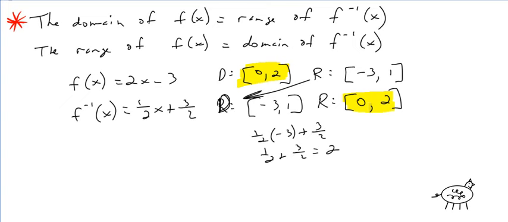Now I'm going to show you something where we're going to be using parametrics to graph inverses.